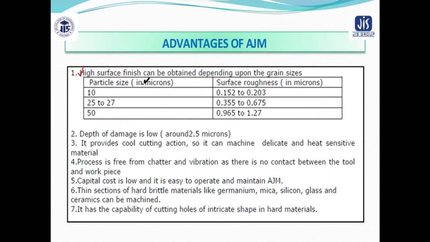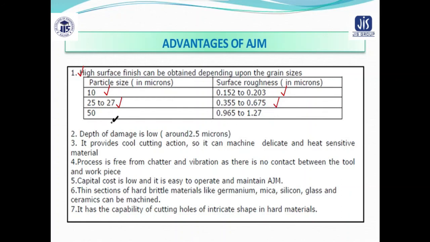If particle size is 10 microns, then your surface finish will vary between 0.152 to 0.203 microns. If your particle size is 25 to 27 microns, then surface roughness will vary between 0.355 to 0.67 micron.